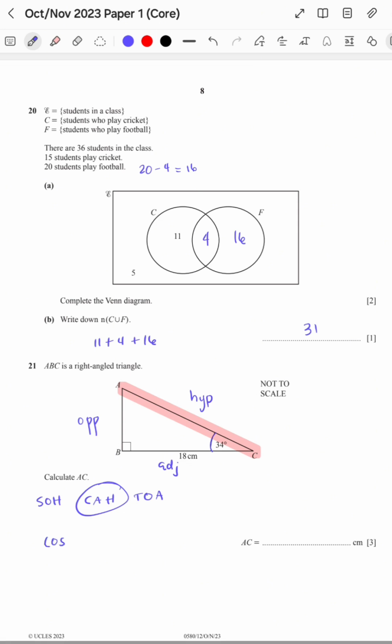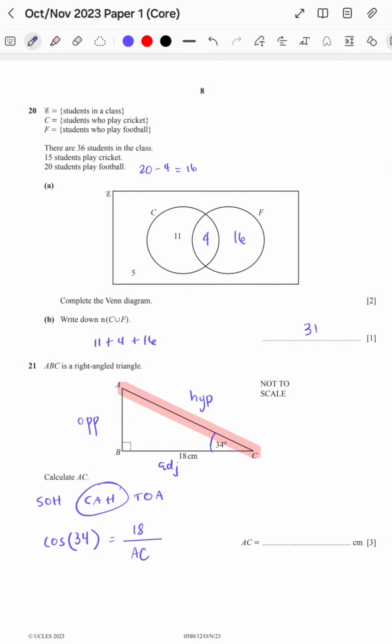So this is cosine of 34 degrees is equal to adjacent, 18 cm, divided by the hypotenuse. Hypotenuse is your AC. You can use a calculator for this. Let's simplify this.